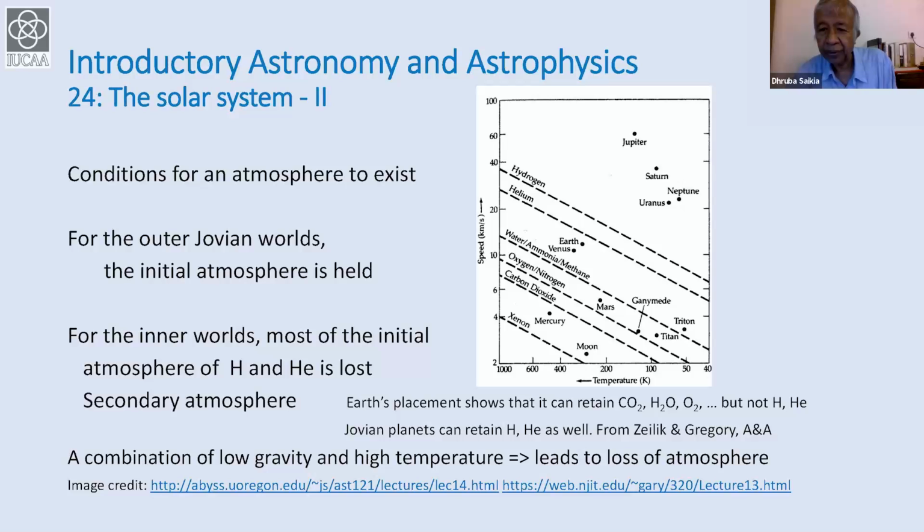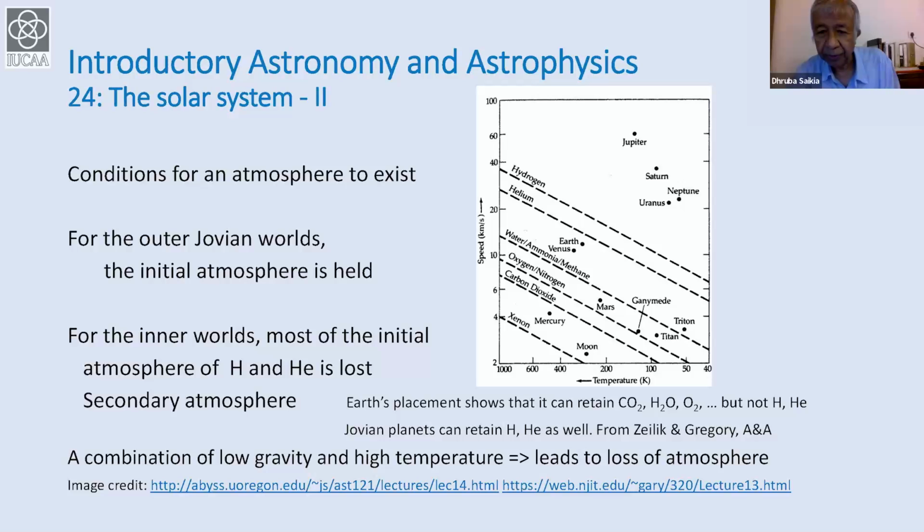It would have more of the primeval gas which formed the solar system, just like hydrogen and helium are the main constituents of the star. When you come to the Earth and Triton, you'll see that we lose hydrogen and helium. We retain water, and we also retain water in its liquid form, as we just said.